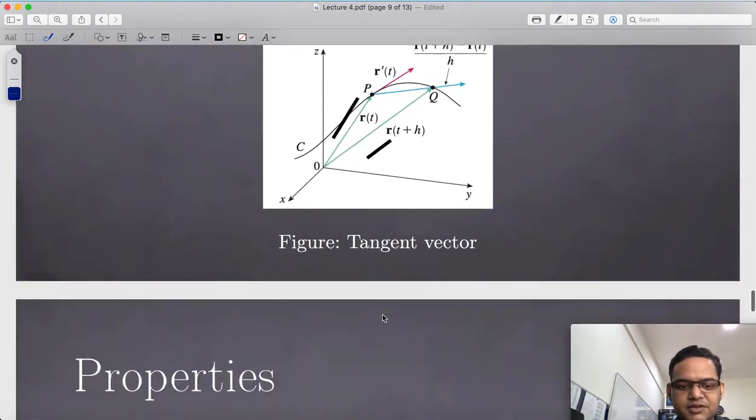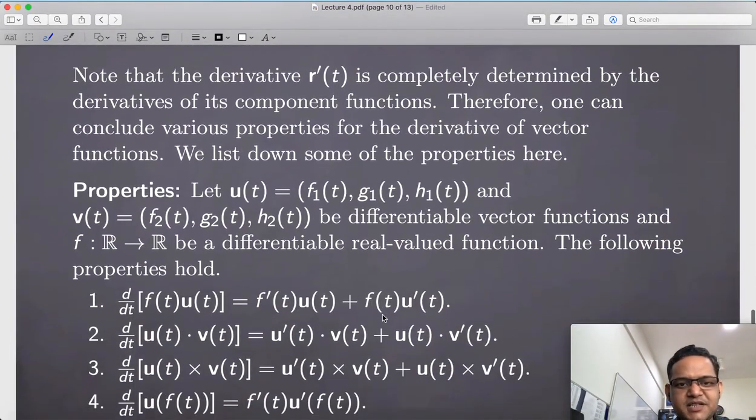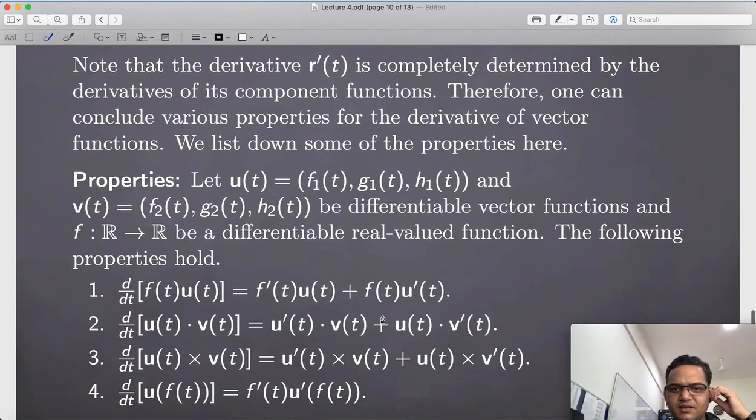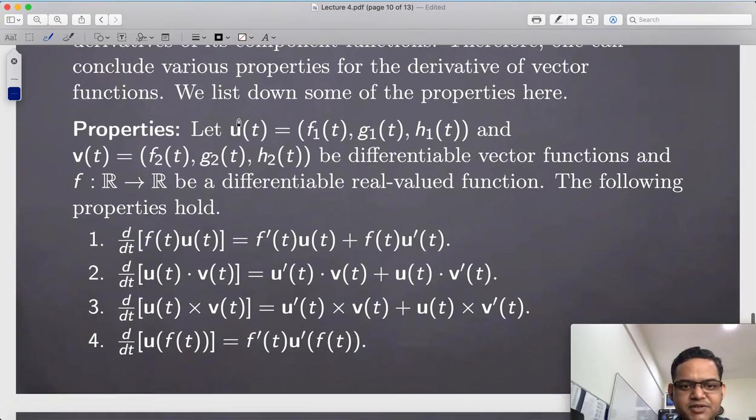Various properties will follow immediately, because our vector r prime t is defined in terms of the derivatives of its component functions, which are real valued functions. So look at all these properties. Take two vector valued functions and one scalar function from R to R, assuming it's differentiable, because we are talking about properties of differentiable functions.